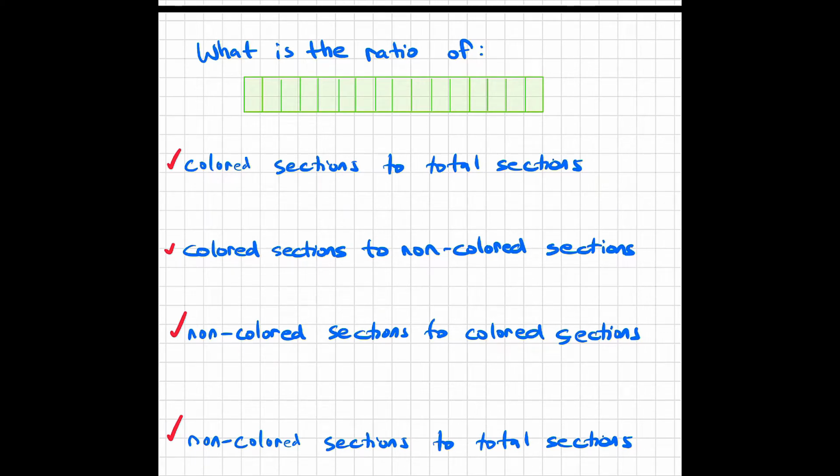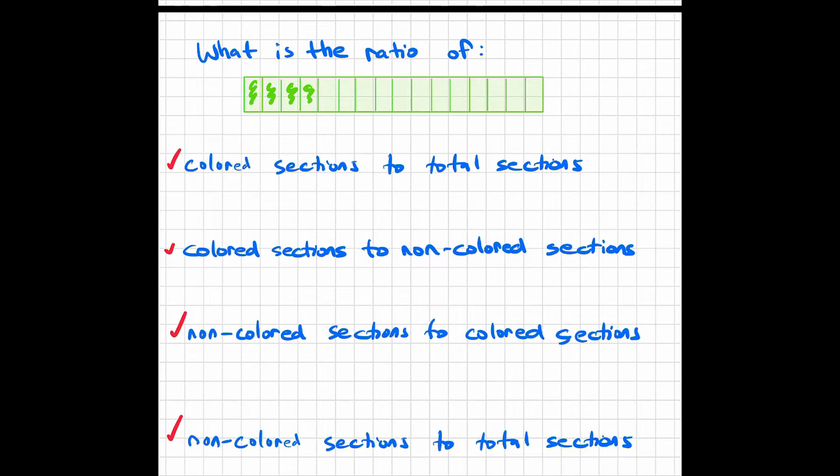Now it looks like they're all colored in green right now, but I'm just going to take a green color and sort of fill them in like that. Okay, so there are 4 colored sections. Those little squigglies represent the colored sections.